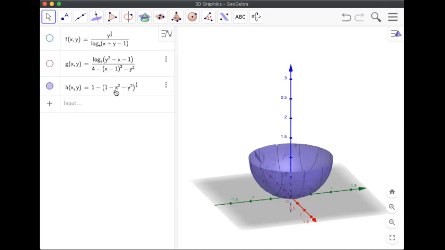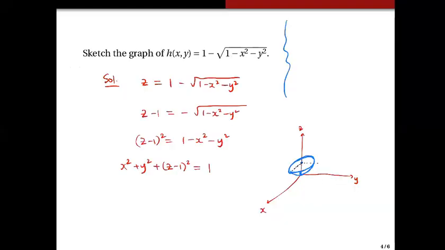Just like, I'll try to put an analogy. In the two-dimensional case, you have y equals square root of 1 minus x squared. And then the other guy, it's y equals minus square root of 1 minus x squared.